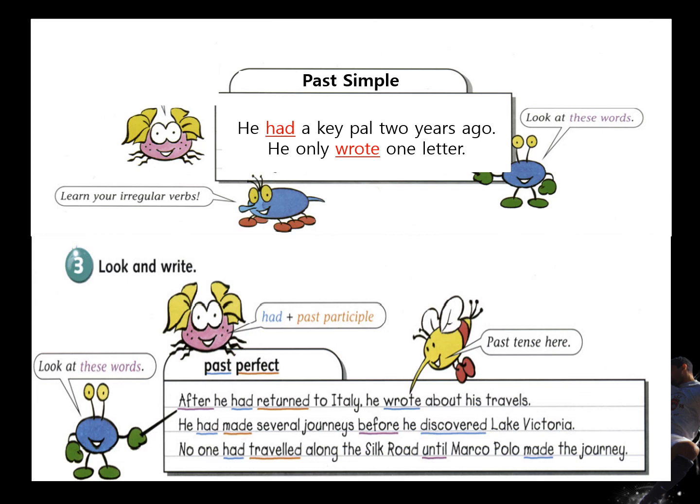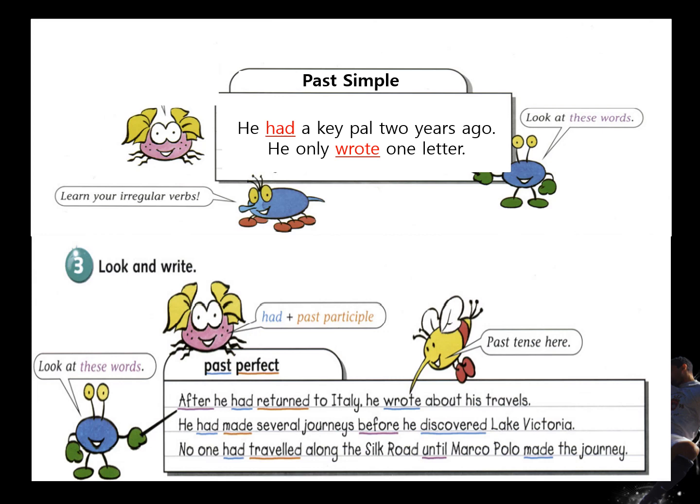These two are both irregular verbs, and as we know, irregular verbs are those verbs when changed to its past form changes its spelling. They are called irregular verbs.